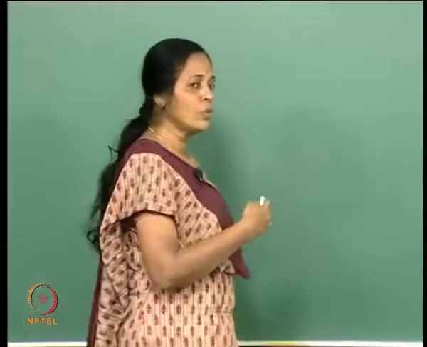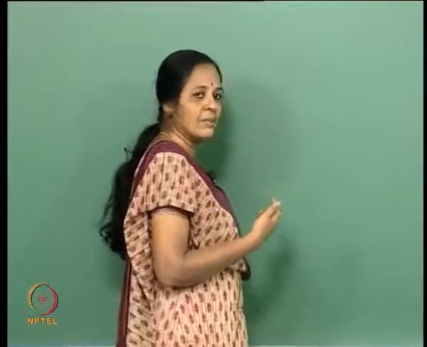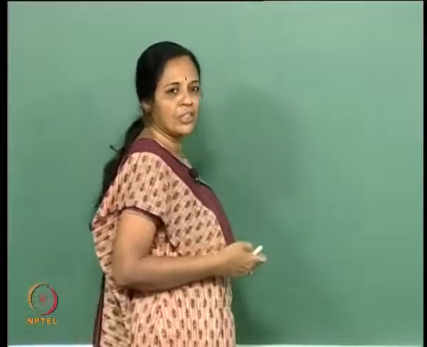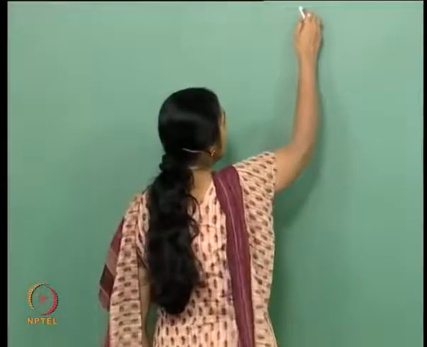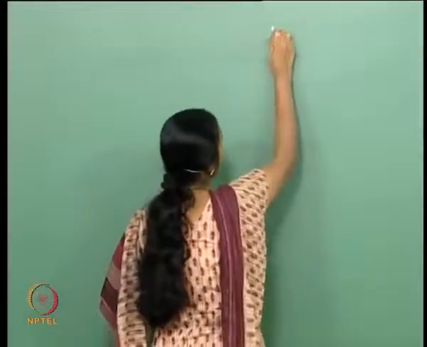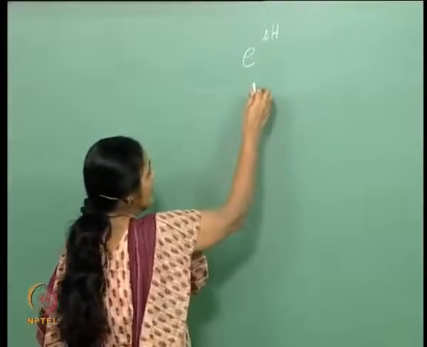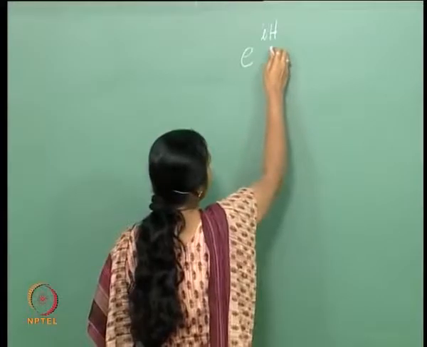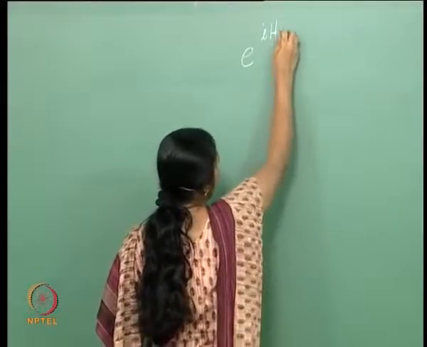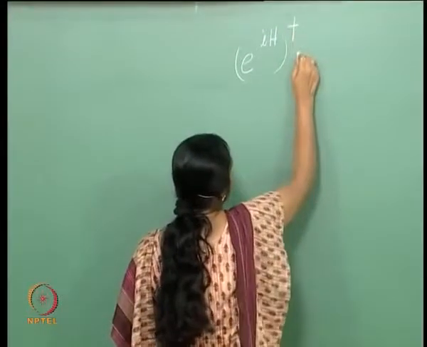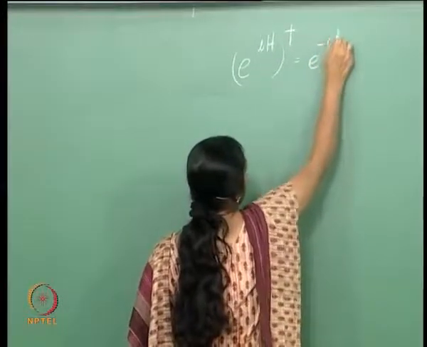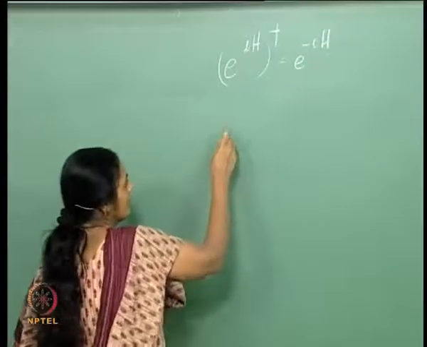I can also produce unitary matrices by exponentiating the Pauli matrices. Remember, the Pauli matrices are Hermitian matrices. So, H is a Hermitian matrix, and if I take the Hermitian conjugate of this, that is simply e to the minus iH.